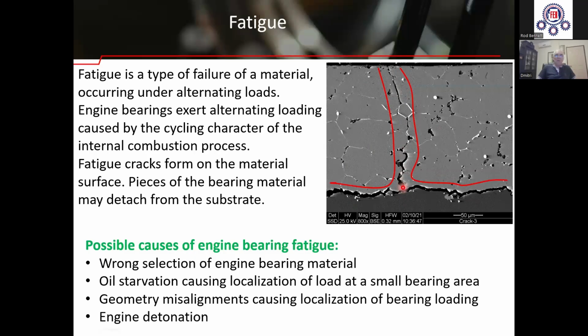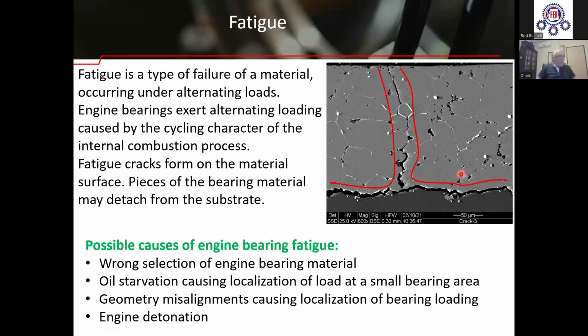Steel back is very strong, and fatigue cracks rarely continue through the steel back, but in most cases change their direction along the boundary. You see the crack continues along the boundary, and pieces of the bearing material may detach from the substrate.